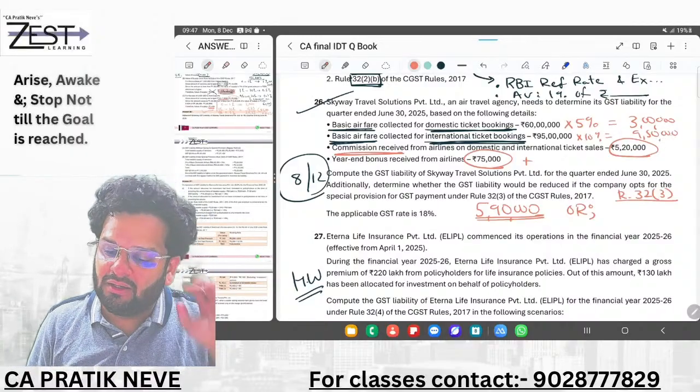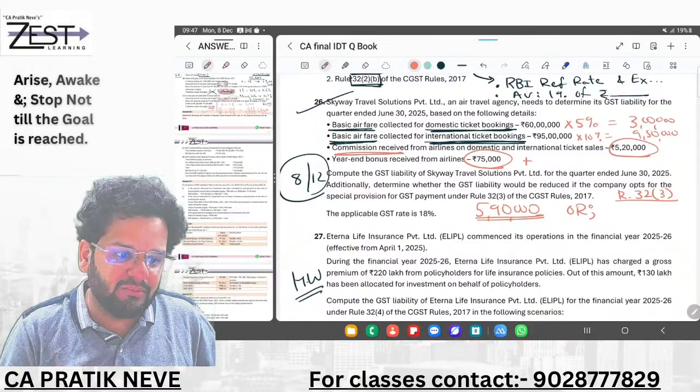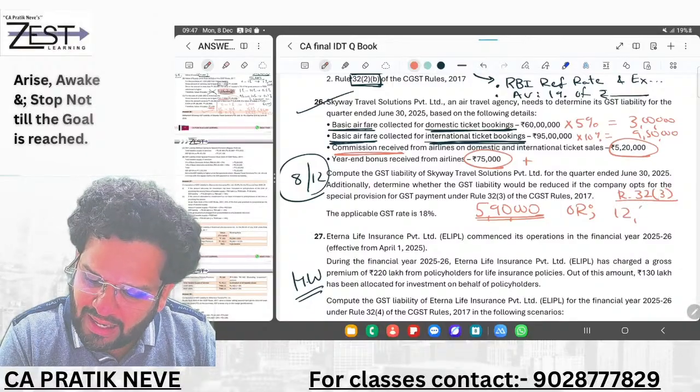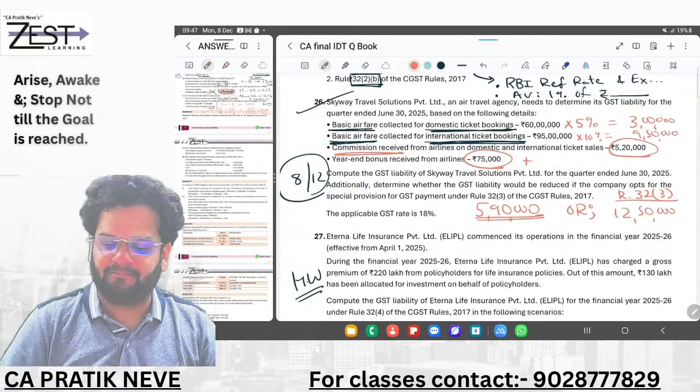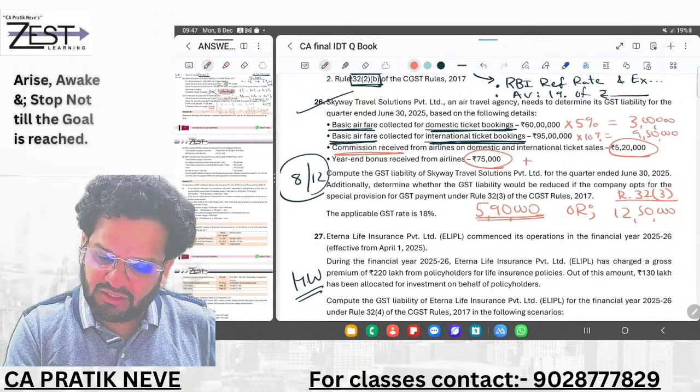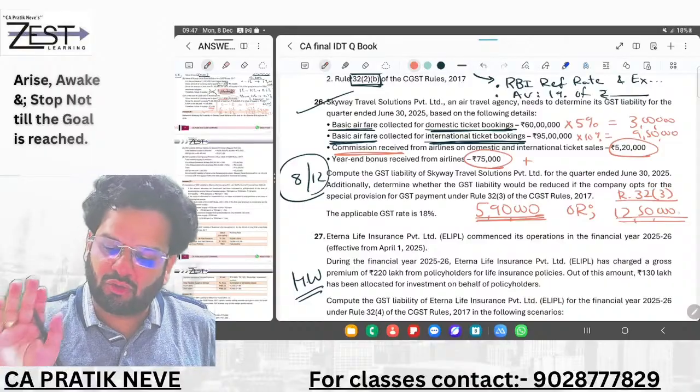So overall assessable value on a deemed basis as per Rule 32(3) will be 12,50,000. Clear? So it is your choice whether to go for 5,95,000 or 12,50,000.